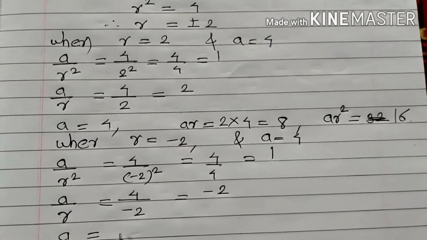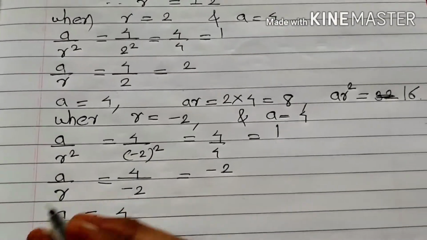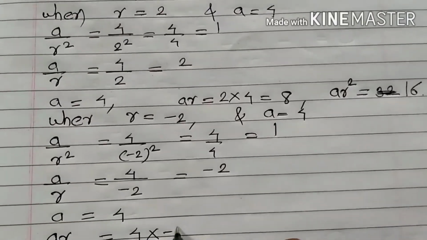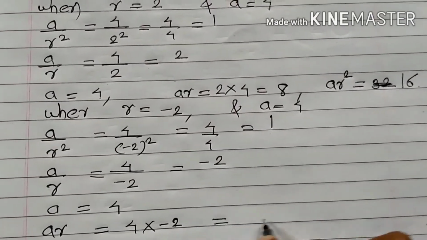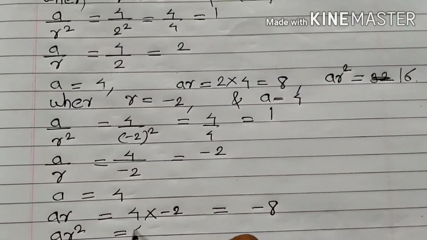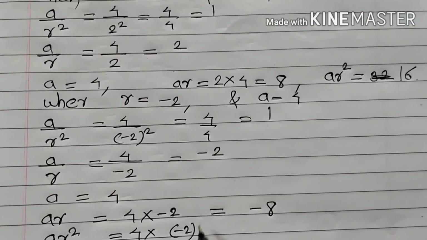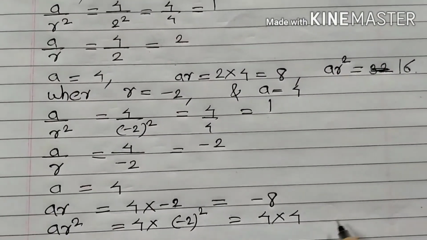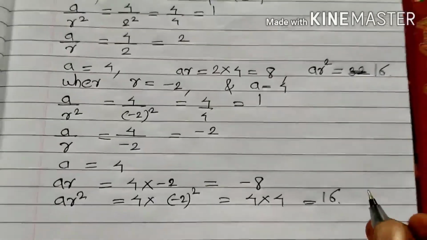A is equal to 4. A into r, which is equal to 4 into minus 2, so it is minus 8. A into r square, so 4 into minus 2 square, so 4 into 4, which is equal to 16.